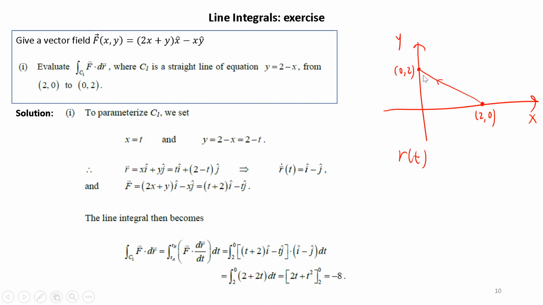You can see that this is going up and then going to the left. After you do the parameterization, you just take the dot product with the force, and then you find the line integral.